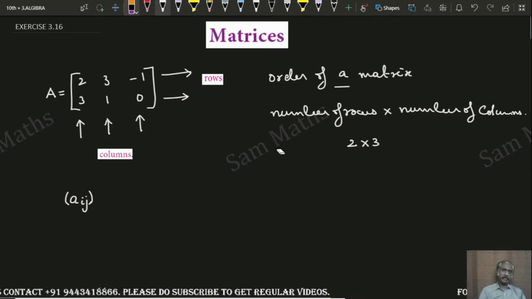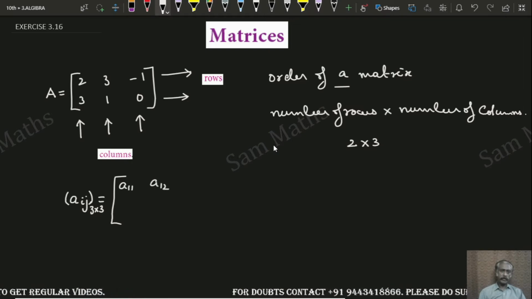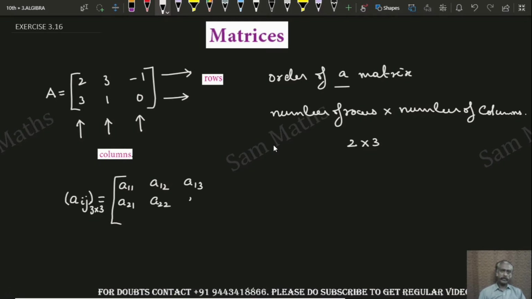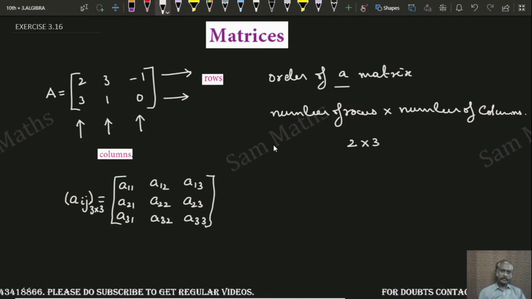Now I'm going to write the matrix of order 3 by 3. That is a11, a12, a13, a21, a22, a23, a31, a32, a33. This is the standard notation we are using here.